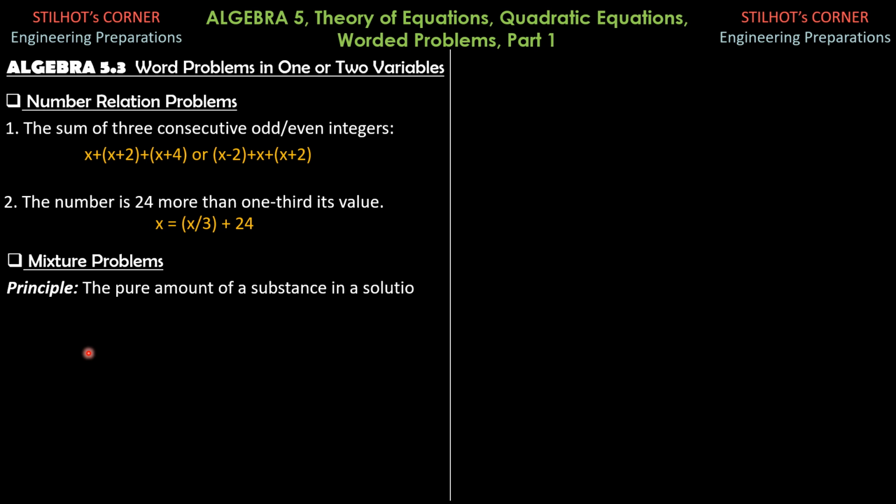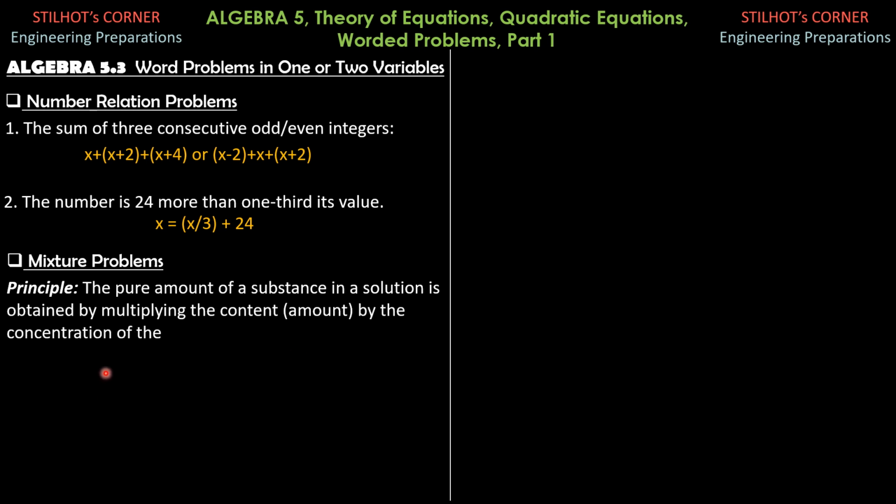So the pure amount of a substance in a solution is obtained by multiplying the content, the amount, by the concentration of the substance. If two or more substances of different concentrations are added, the concentration of a substance may be 0 if the solution does not contain that substance.